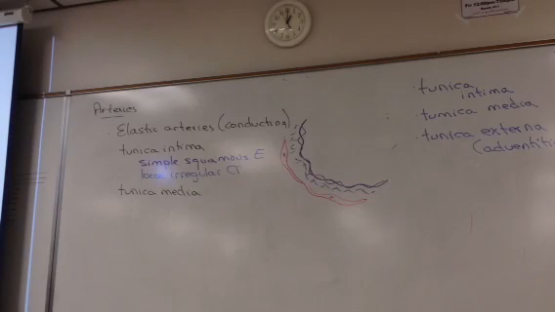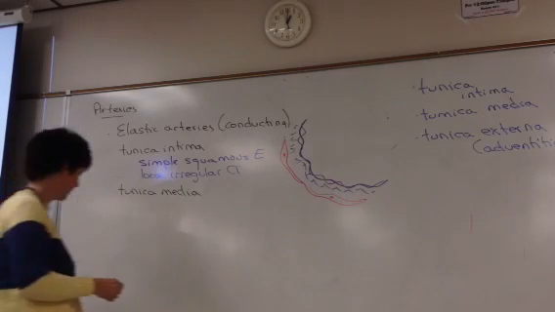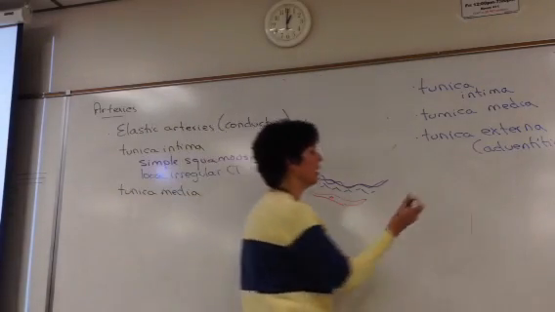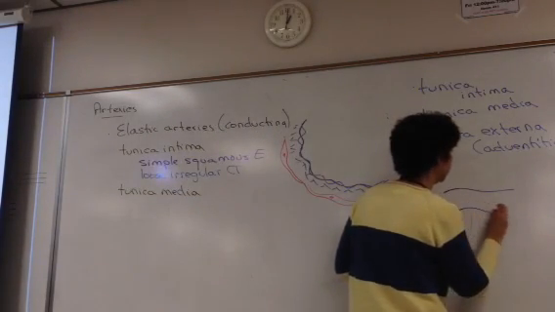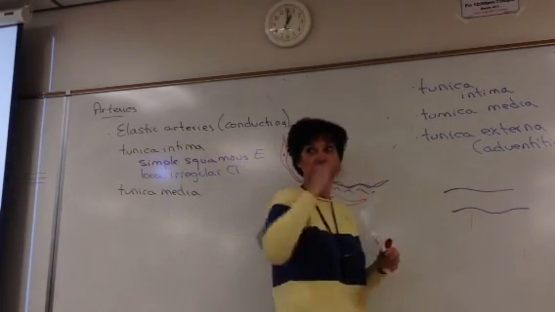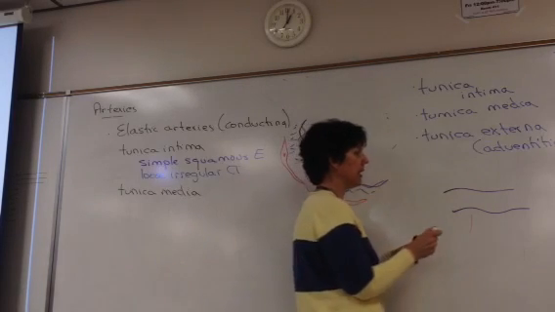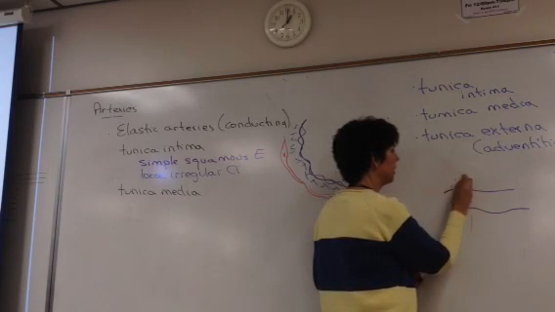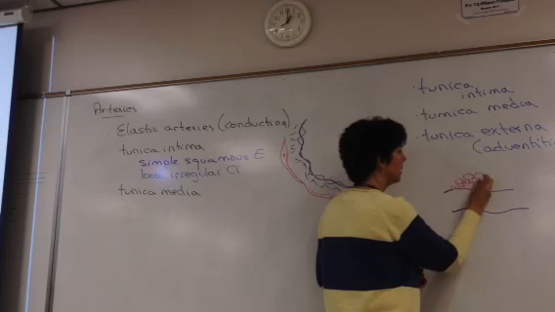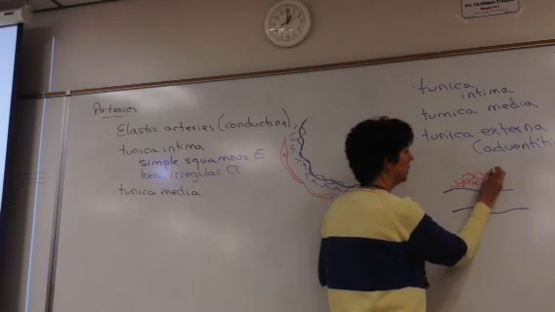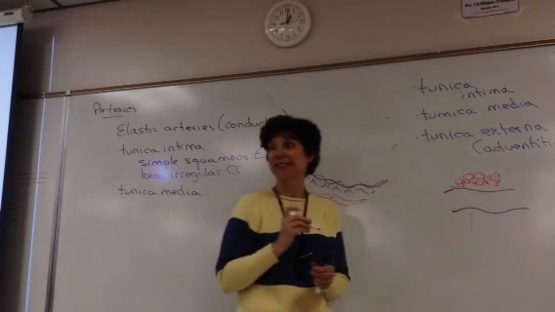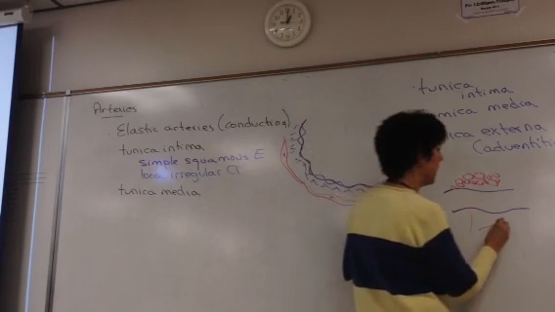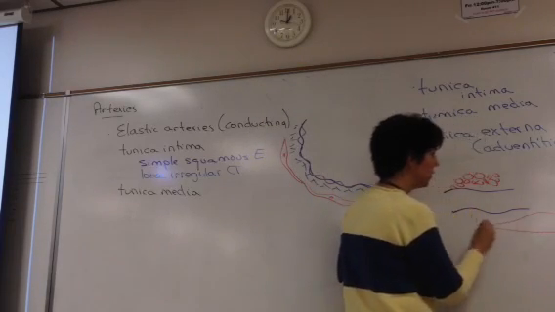All right, so if you were to look at a blood vessel in longitudinal section, cutting the length of the vessel, you're going to see the smooth muscle cells, small and large circles, because the smooth muscle cell is fusiform in shape.